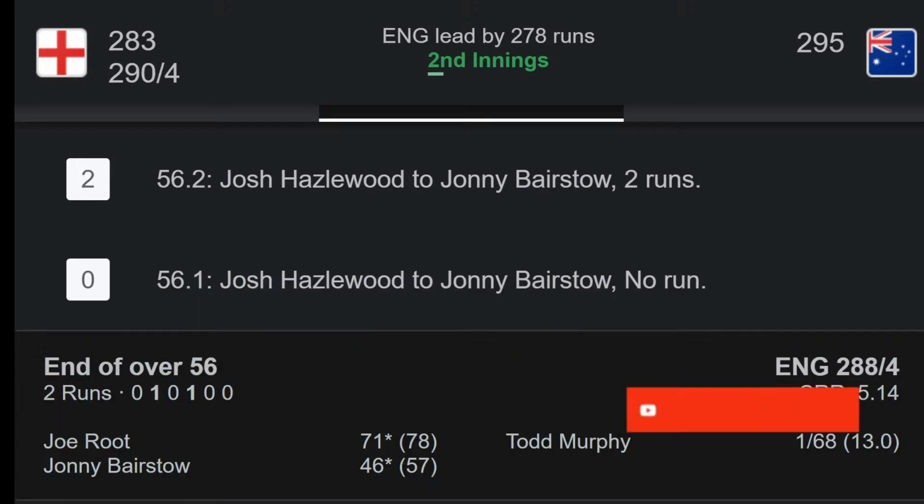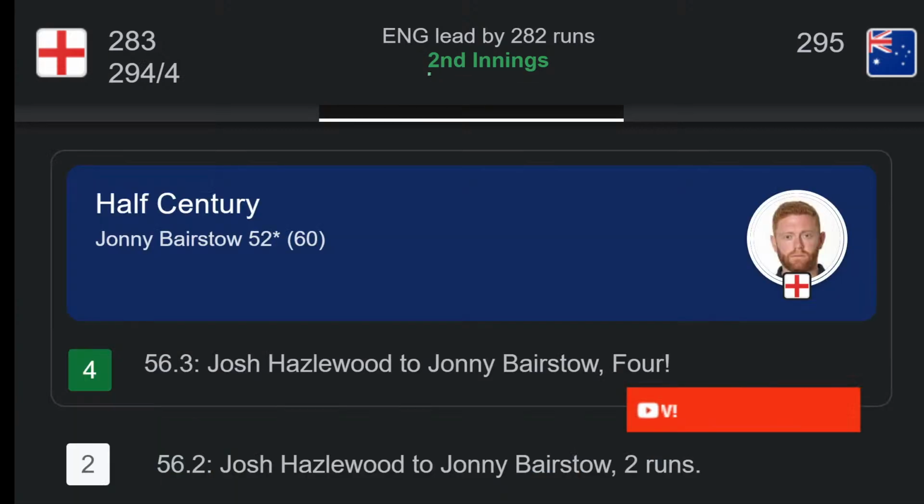So England lead by 278 runs, 290 for the loss of 4 wickets. Josh Hazlewood, the second ball, to Johnny Bairstow, 2 runs have been taken, and very fast running between the wickets. Half century by Johnny Bairstow.